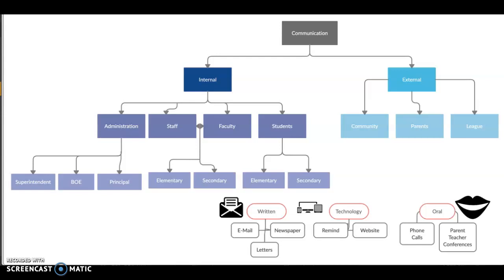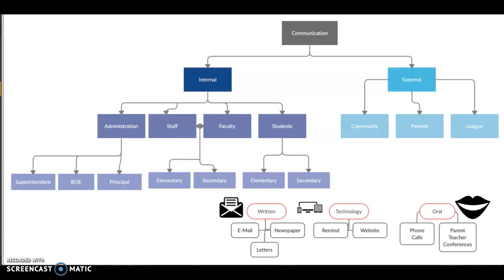Internal communications would be things like what time students need to be dismissed, any sort of issues that are going on within the school that all teachers need to be aware of, meetings that are going on. Those would be types of internal communications.